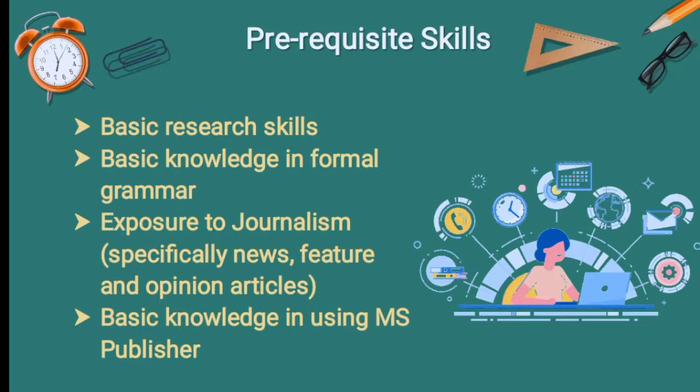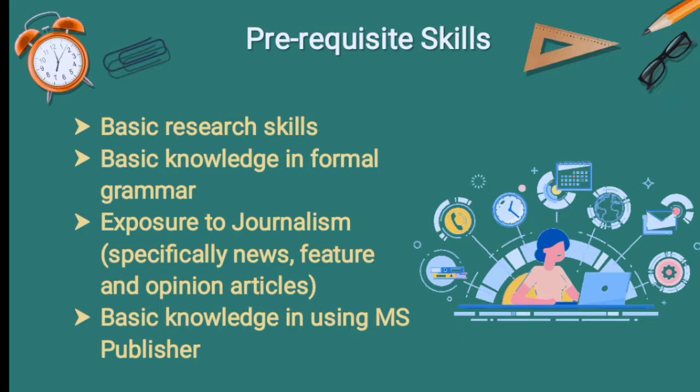In basic research skills, since they have to seek information, for example, they have to make news, so they have to seek information. That is why they should have basic research skills.